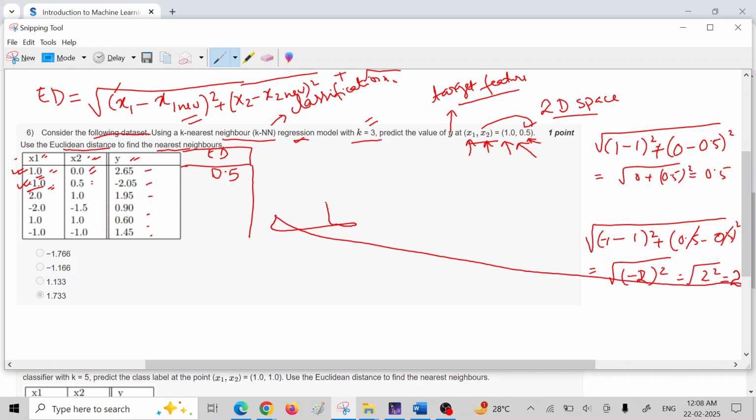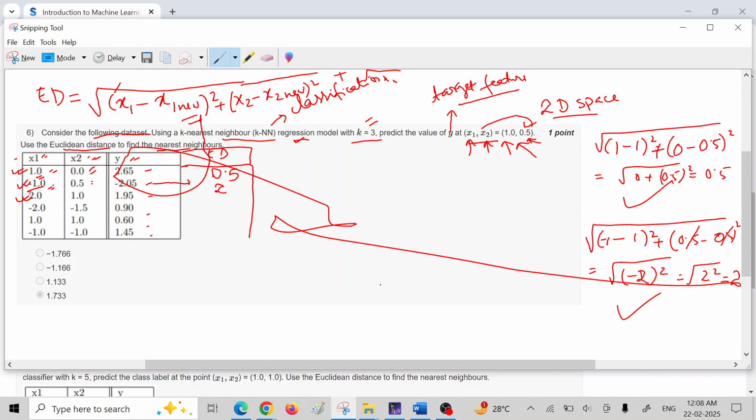So the Euclidean distance for the second data point is 2. Similarly, we will calculate the Euclidean distance from the third data point, following the same procedure, taking square and then square root.